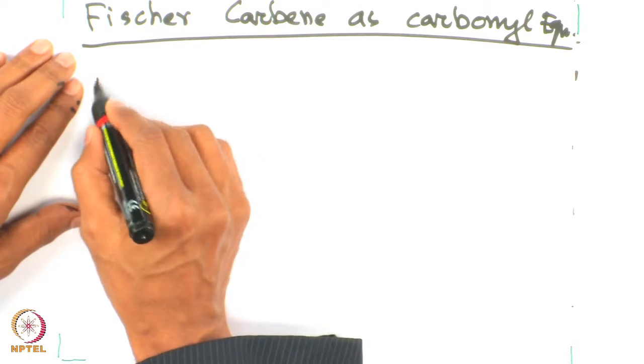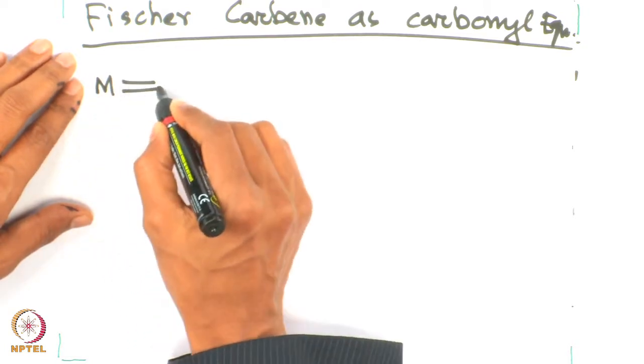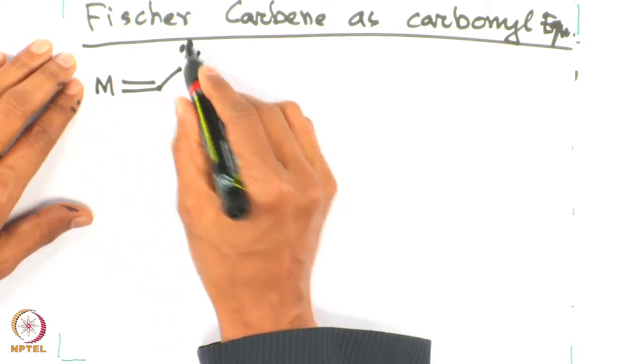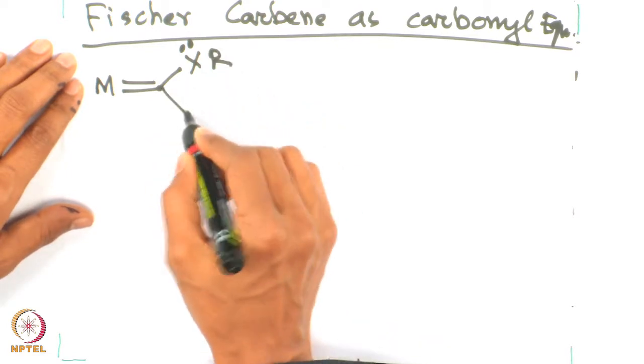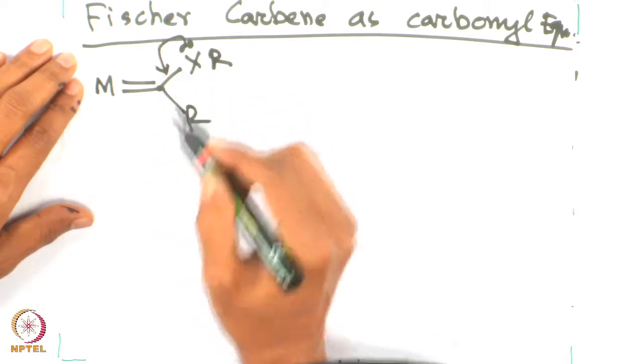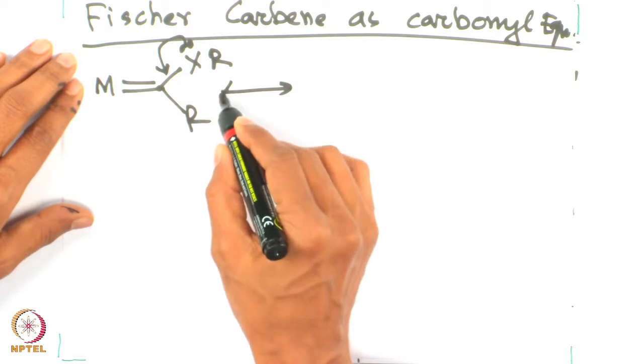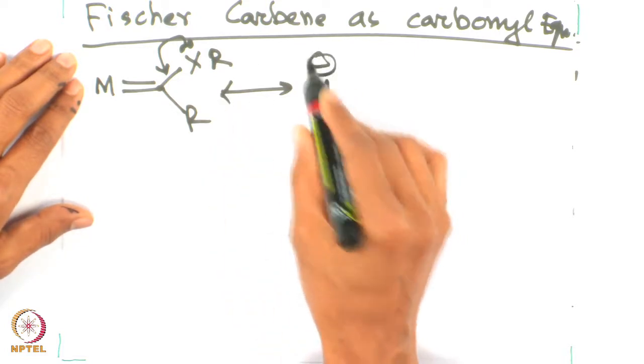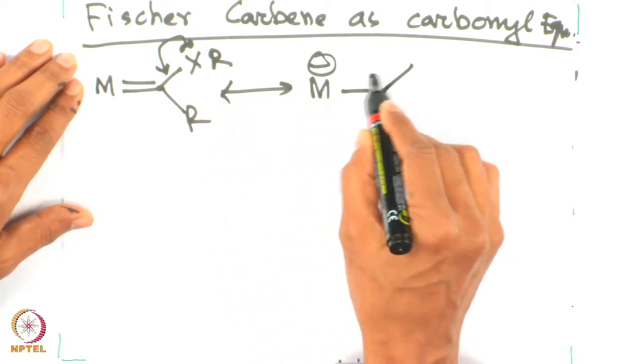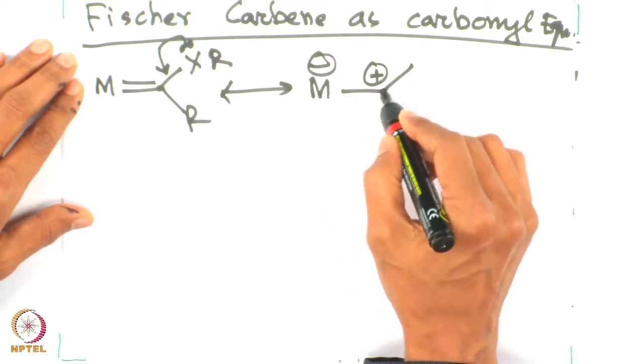The first thing that comes to mind is, let us try to put the lone pair, that is the integral part. Now, you can write it down like M minus, and this is your plus. This is the characteristic of the Fischer carbene.